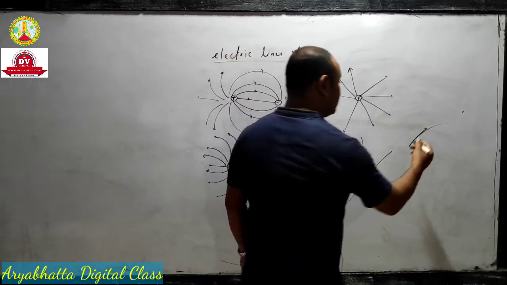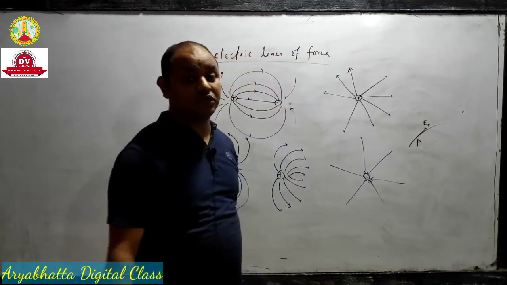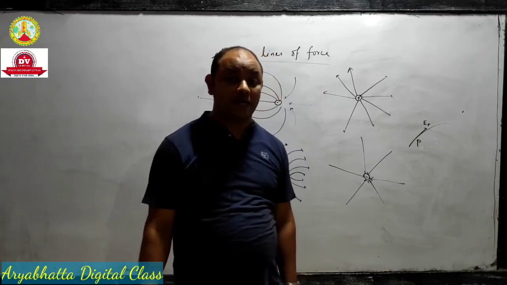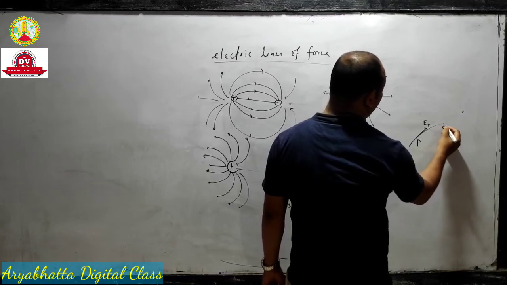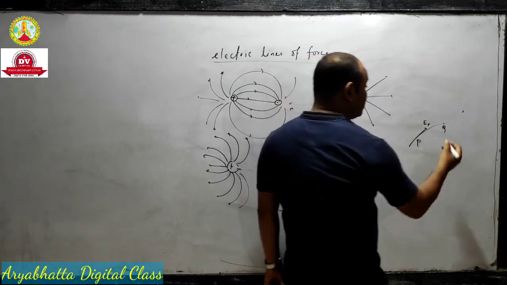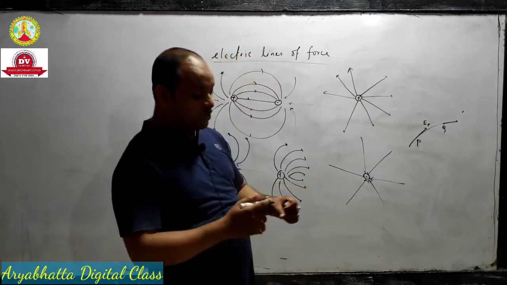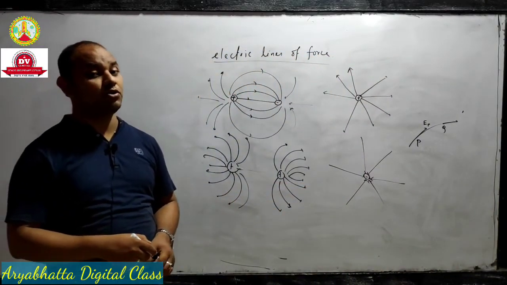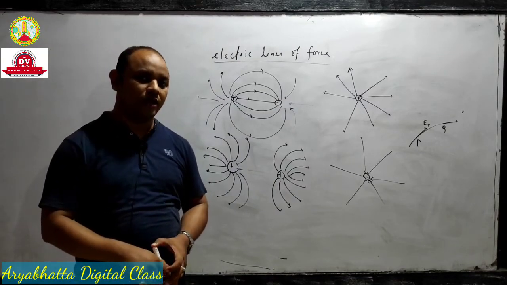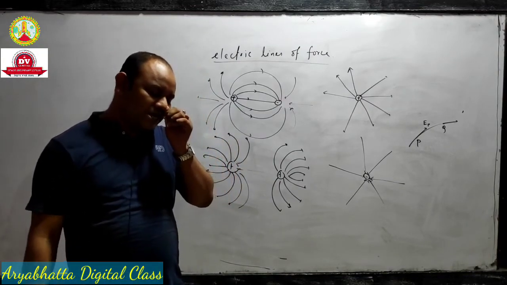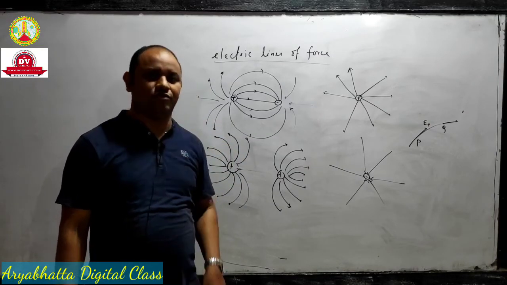If you consider another point Q here, and if you draw a tangent at point Q, the tangent will give you the direction of electric field at point Q. Okay, so the tangent at any point in an electric field line is the direction of the electric field.